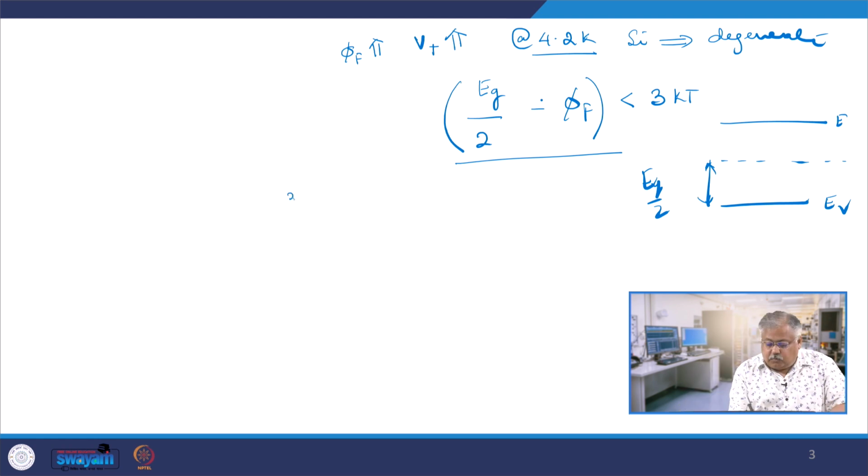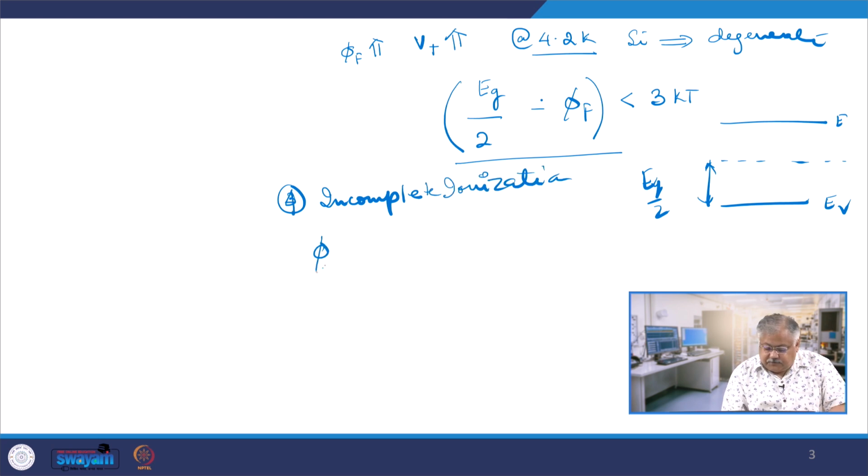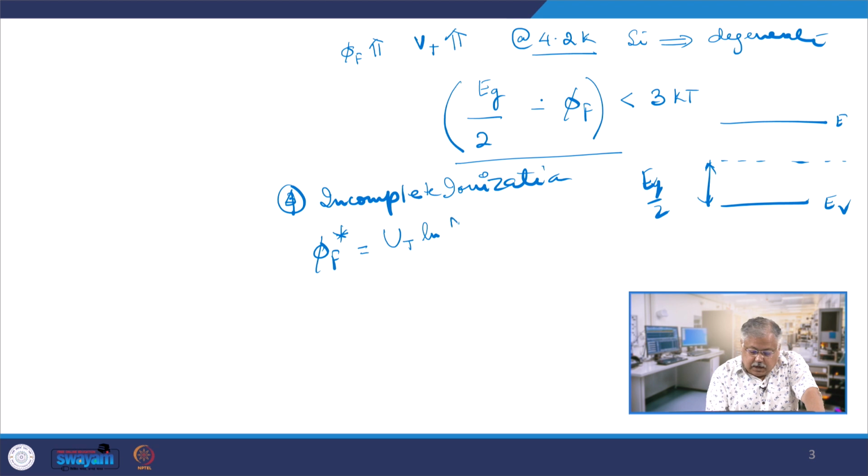Let us come to the fourth point, sorry, the fourth point is incomplete ionization. Now, if you take phi f star, the changed value of the Fermi potential at 4.2 Kelvin, this will comprise two terms. One is Ut, that is kT by q, ln of Na over Ni, with the minus sign, Ut ln of 1 plus square root of 1 plus 4 alpha Na divided by Ni, and this divided by 2.